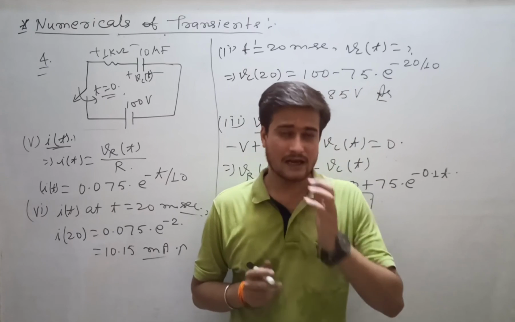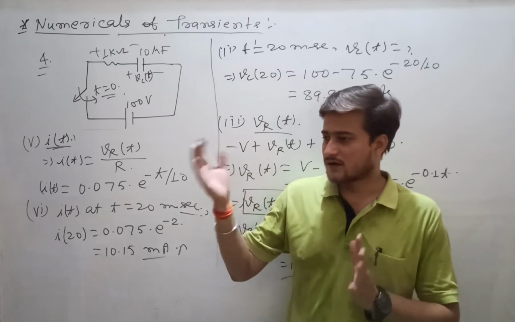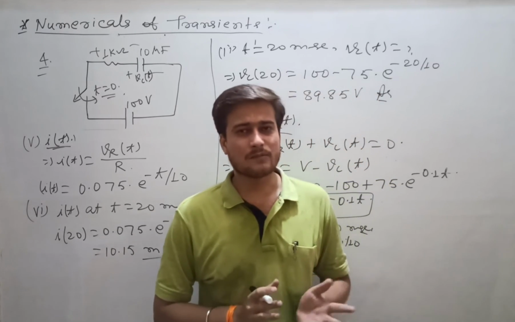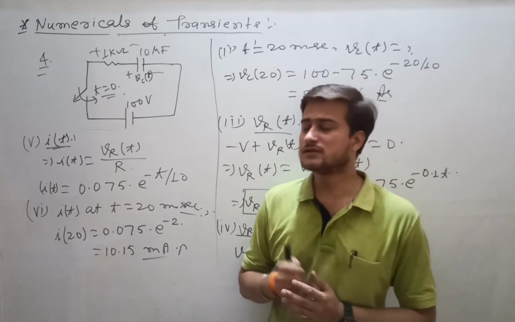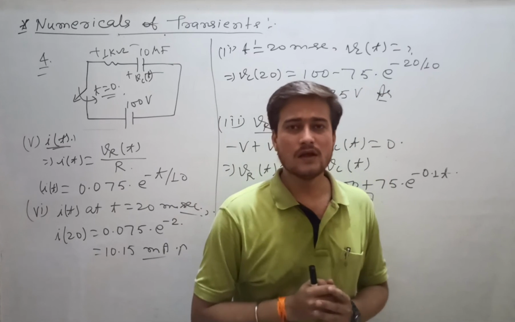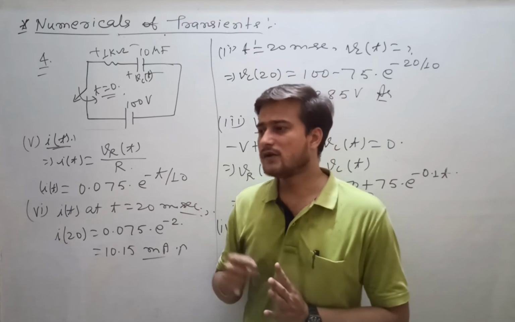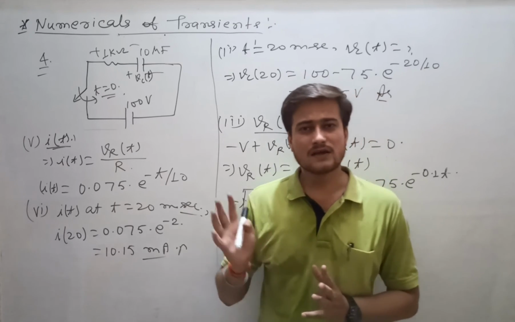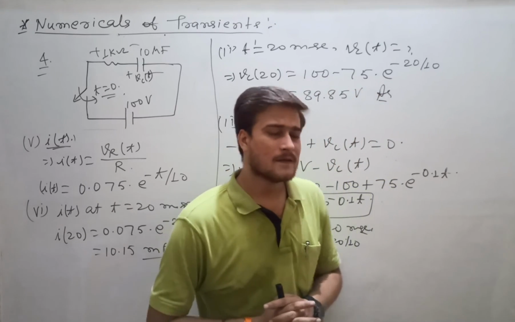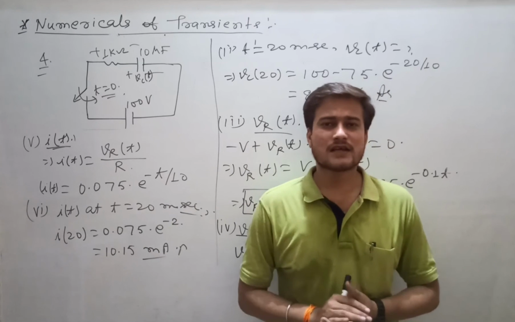Clear? This transient part is a very interesting part, and every time you can expect a 2-mark question from this topic in the GATE examination. When you attempt the questions, you will definitely get the correct answer. We will discuss the next topic in the next class.